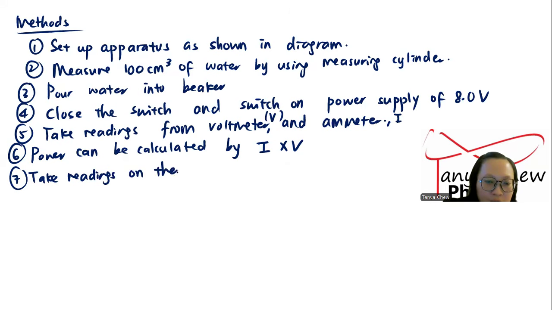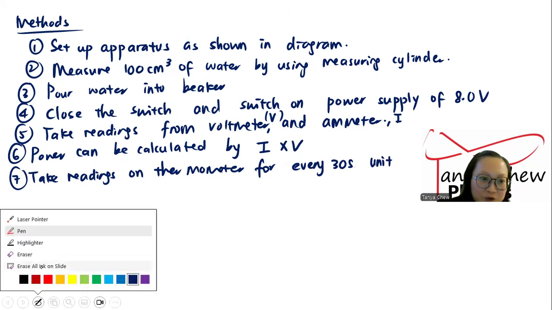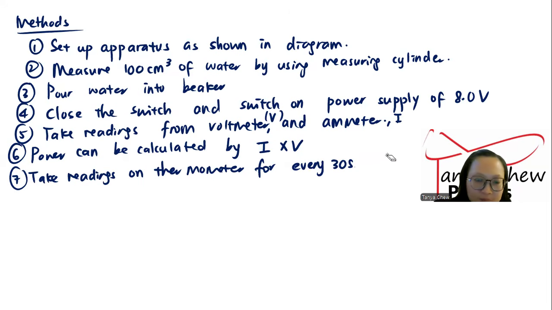And then number 7, take readings on thermometer for every 30 seconds until, I'm so sorry, until 180 seconds. And then after that, always repeat, right? Experiment must be repeated.